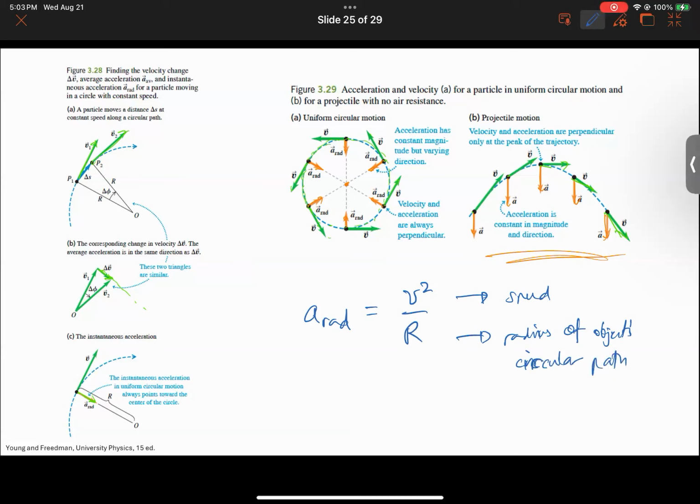Even if section lang siya, ito section lang to ng circle, makakabuo pa rin kayo ng circle dyan. Yung circle na yan ay merong radius. Yan yung ilalagay nyo na radius dyan sa expression na yan.